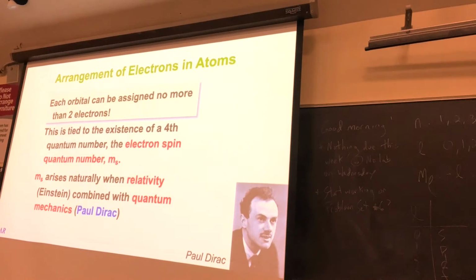I find that just fascinating because already quantum mechanics is pretty complicated, and he added even more math, and bam, M sub s pops out, and that's really cool for chemists. So M sub s was kind of a late bloomer, but it's super important because it basically says that each of these rooms in a house can only hold 2 electrons.